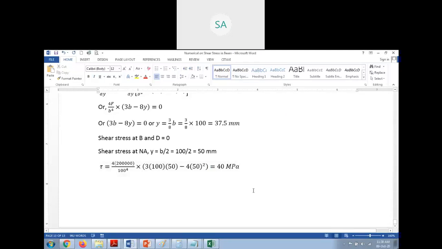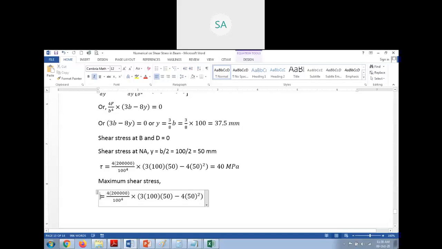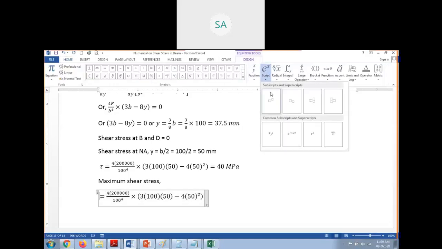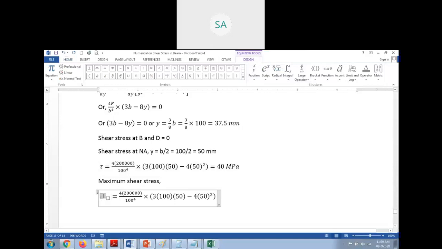Now maximum shear stress, I'll copy the same formula. Maximum shear stress is tau max.